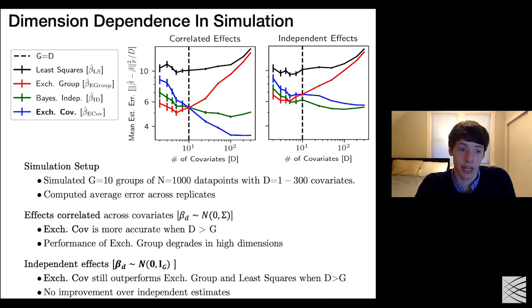And here we see that we still have the same exact trend moving from low dimensions to high dimensions when we compare exchangeability across covariates versus across groups. But as predicted by our theory, we don't get this improvement over independent estimates in this case, because there's no sharing, there's no similarity to be capitalized on.